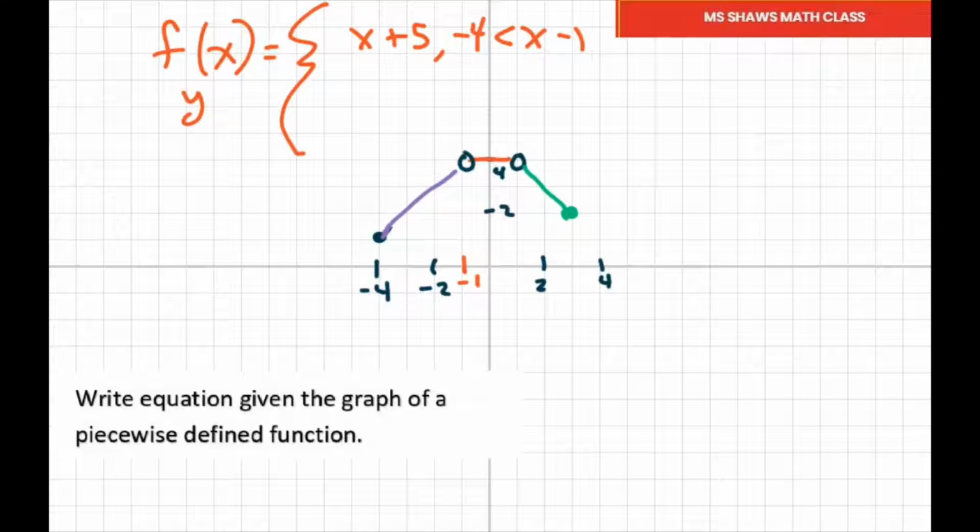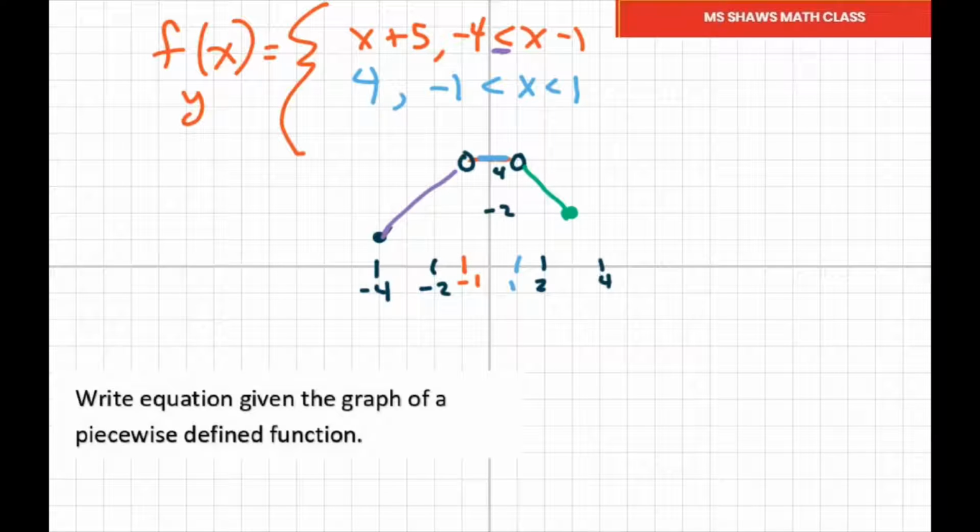It can equal negative 4, but it can't equal negative 1. And this piece here, that was just 4. And that was when x was in between negative 1 and 1.